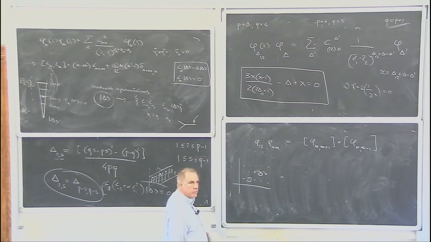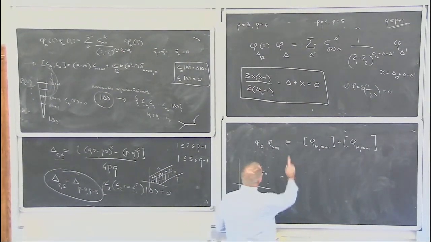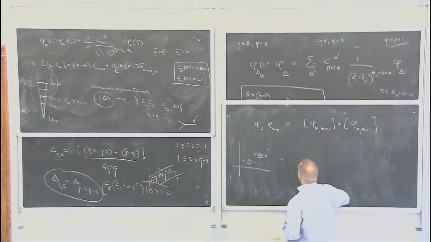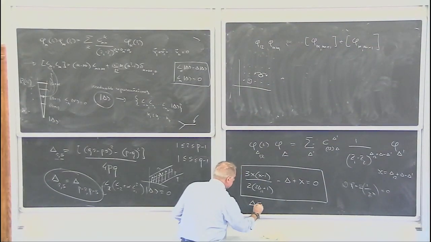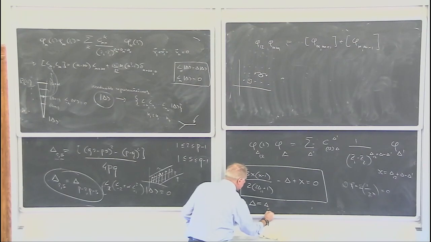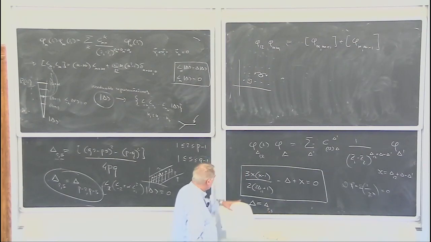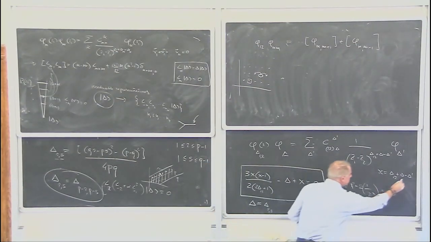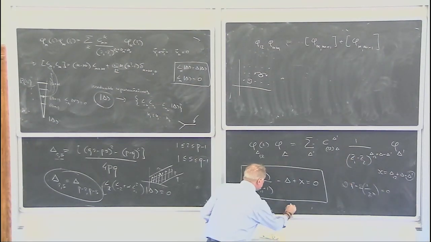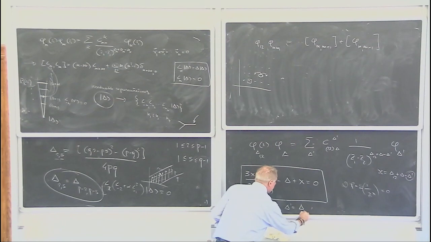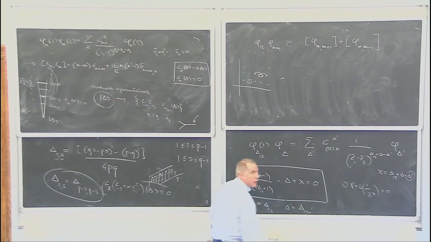I'm just saying, if you substitute there, if you take delta to be delta R,S, this equation is an equation for delta prime. The delta prime are going to be delta R,S plus and minus 1.